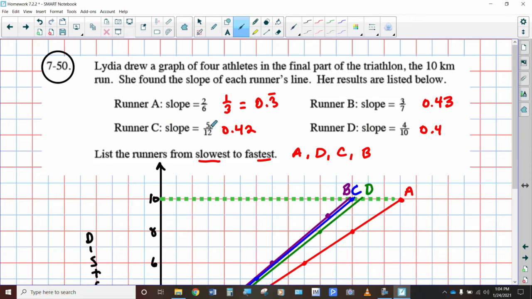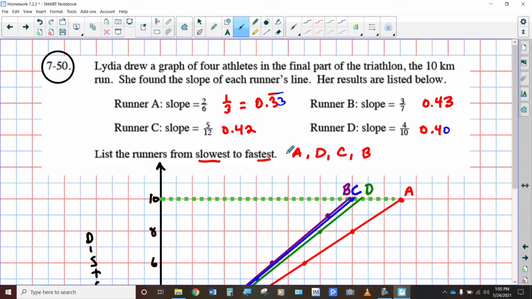Runner C has a slope ratio of 5/12, which rounds to 0.42. And runner D has a slope ratio of 4/10, which is 0.4, and I could put a 0 there just so that they all have the same number of digits. So 0.33 repeated, 0.43, 0.42, and 0.40.